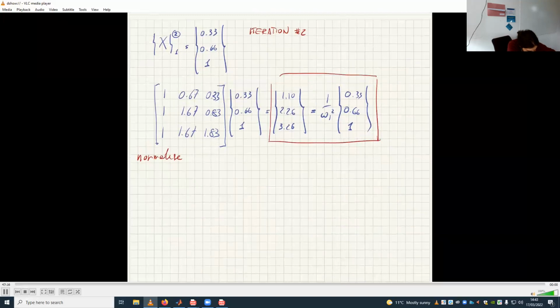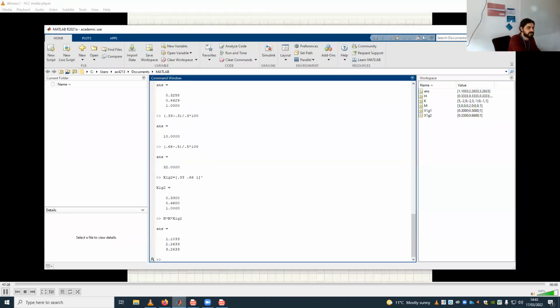If I normalize, that means I take the last component out of the vector. So this is definitely 1. I take 3.26 out of it. So let me do this with MATLAB. I normalize this divided by ans 3: 0.34 and 0.69. Nice.